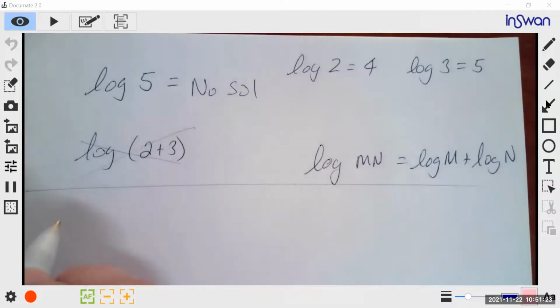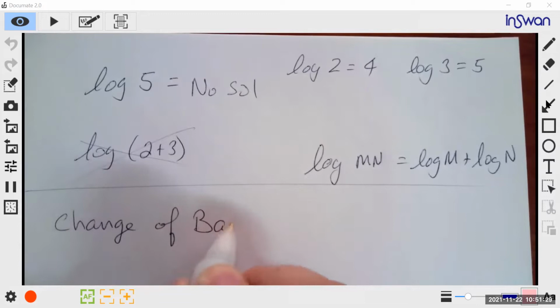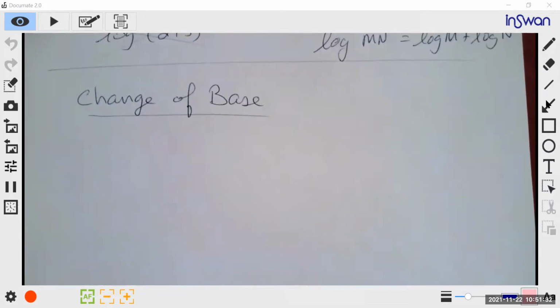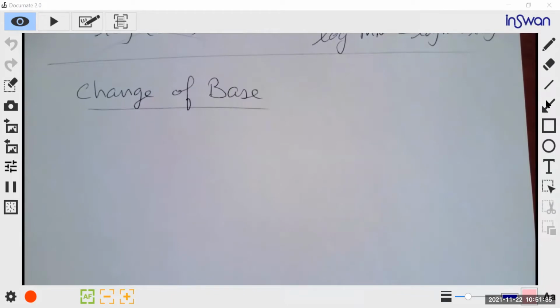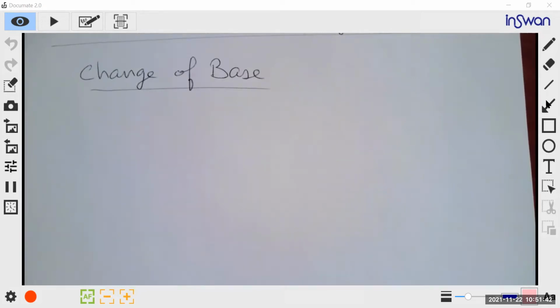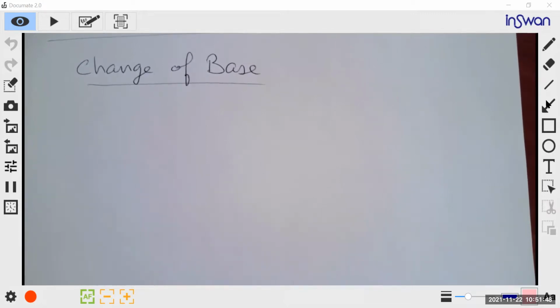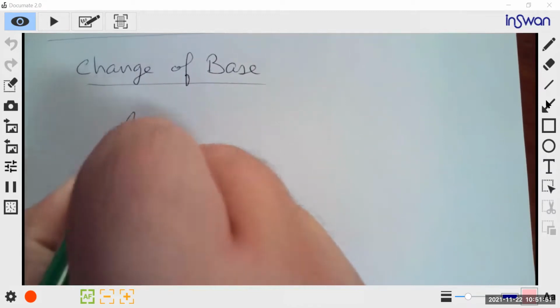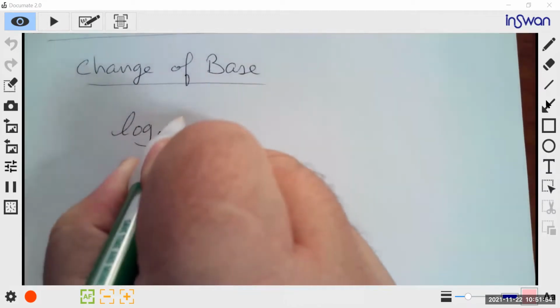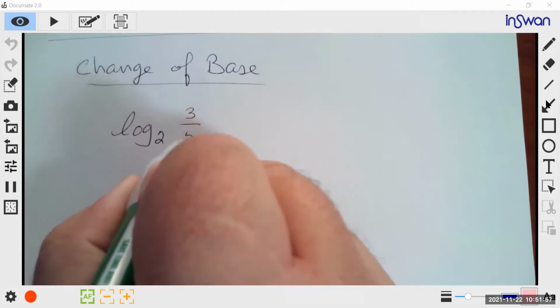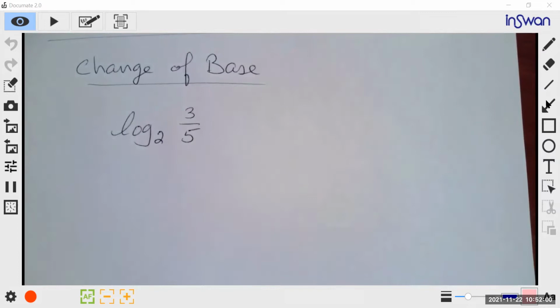Change of base. Your calculator, for the most part, doesn't have this.